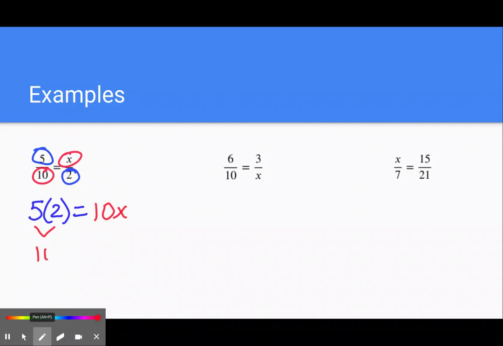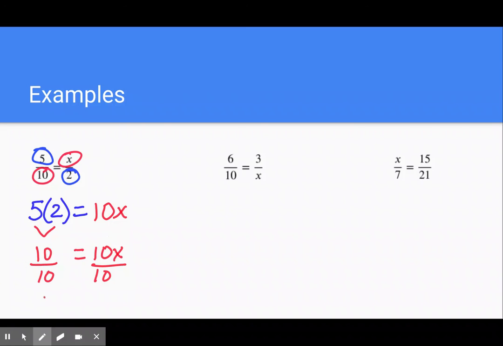5 times 2 is 10, and that equals 10x. And when you divide by 10, you divide by 10. 10 divided by 10 is 1, and these two 10s cancel out, so that leaves you with x. So that means that your variable x is equal to 1.